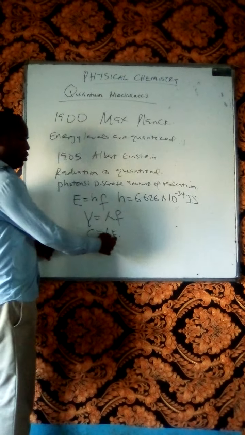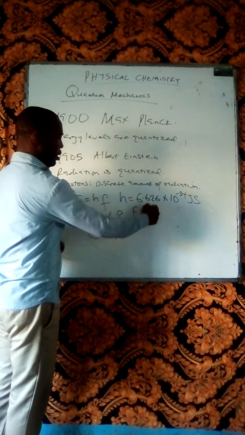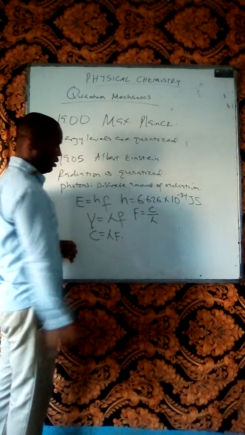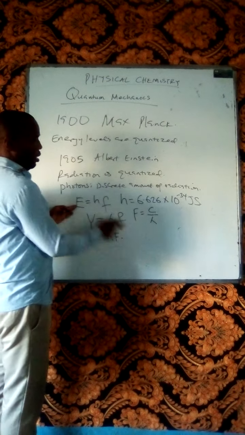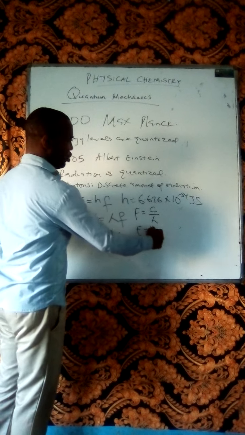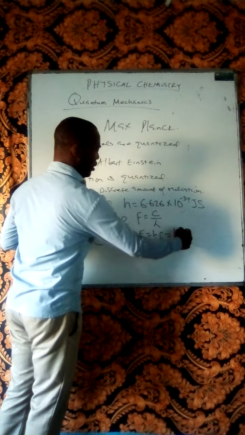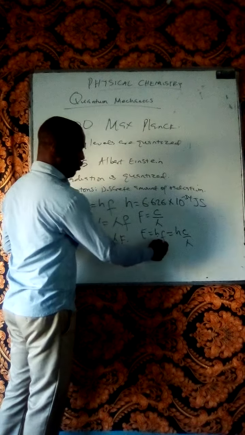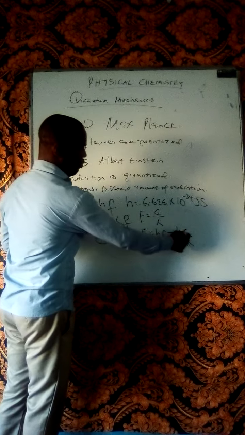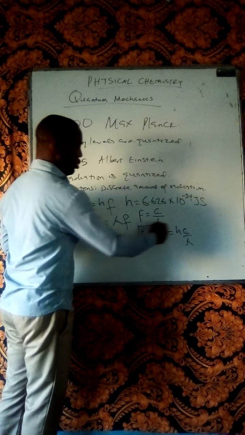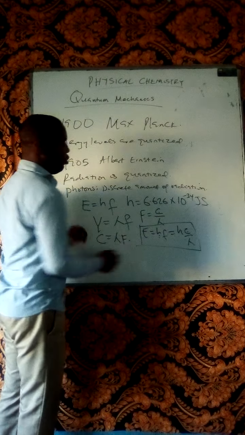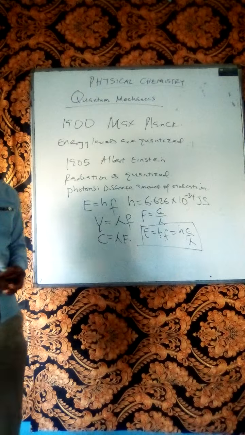Making frequency the subject, frequency now becomes c all over wavelength. So from this formula, E equal to hf, we can as well say E is equal to hc over lambda, substituting f with c over wavelength. So these two formulas are the same, known as the Planck equation.